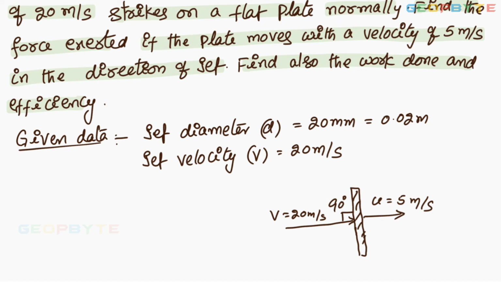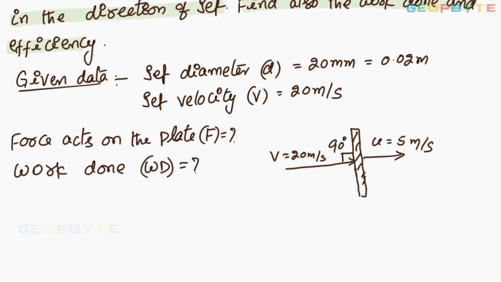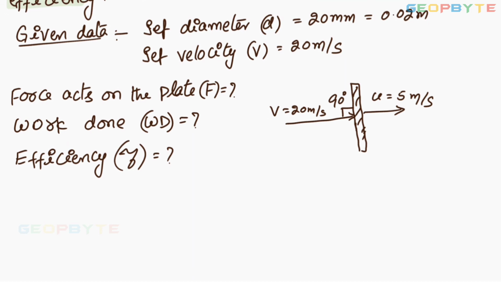You are asked to find the force acting on the plate, F equal to how much, work done, WD equal to how much, and efficiency eta is how much. First let us find the area of the flow.